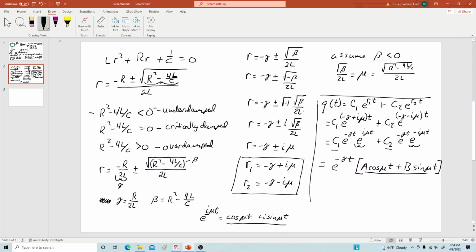You would actually get a set of exponential decays or exponential growths acting against each other: e to the negative gamma t plus e to the positive mu t, and e to the negative gamma t minus e to the mu t.